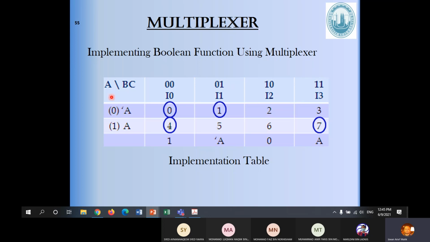For the selector, we have A bar which is 0 and also A. And then you just fill in the numbers 0, 1, 2, 3, 4, 5, 6, 7.